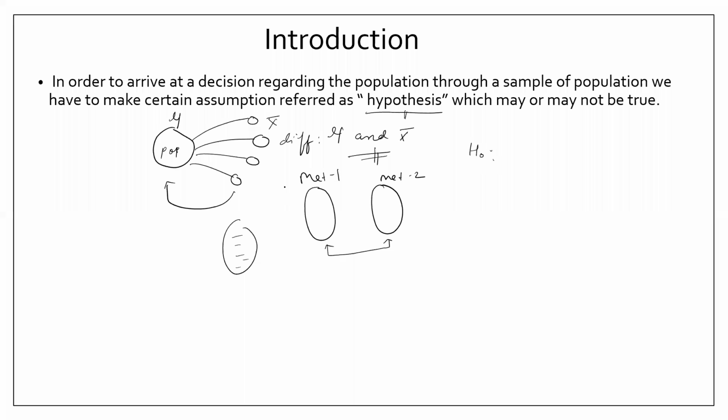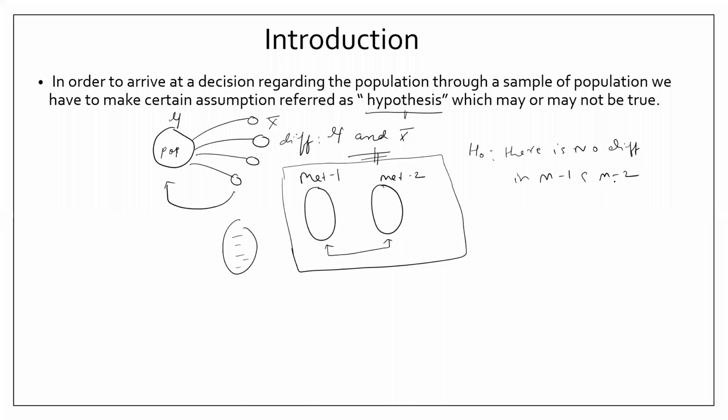For example, if you are testing two methods, you have certain data and you have done the test with method 1 and method 2. Initially we guess that there is no difference between method 1 and method 2. This is an assumption we are making initially.